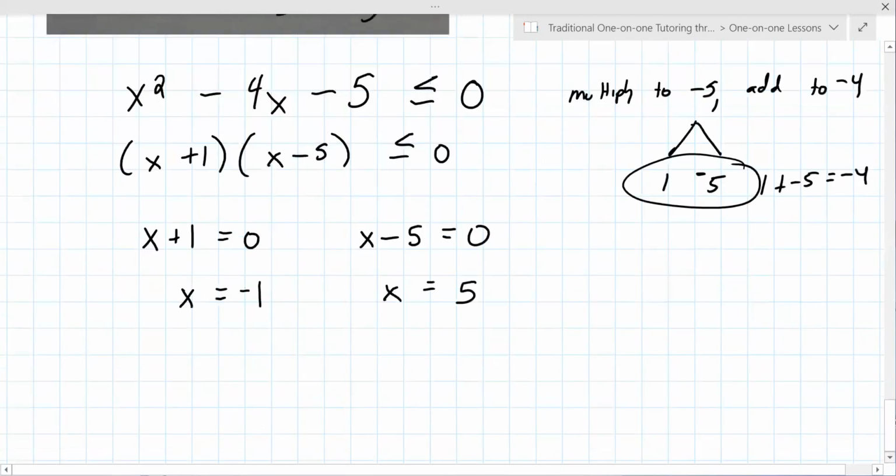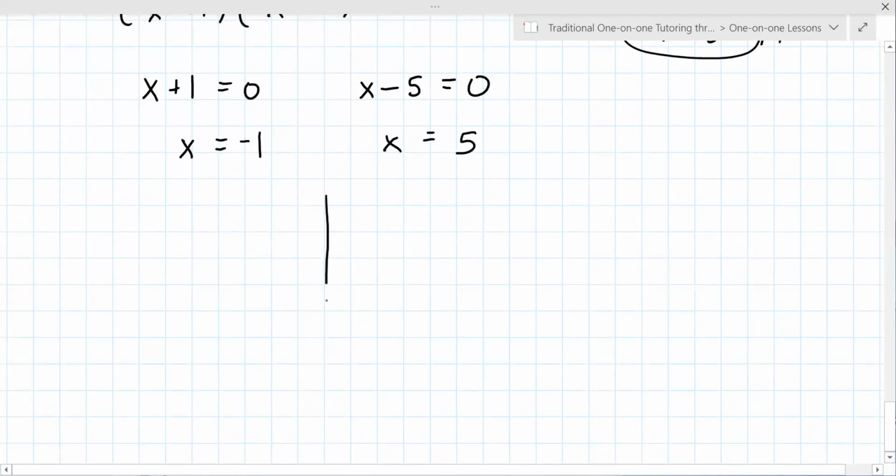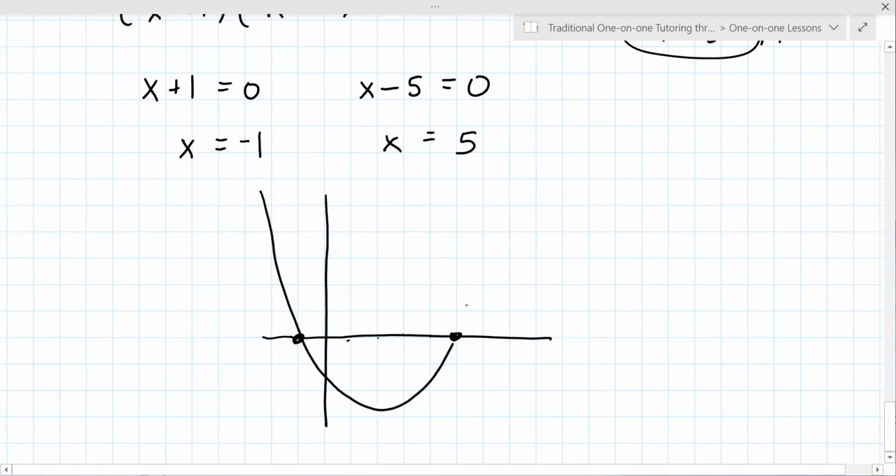So again, the graph of this, which is pretty important, has a point at -1 and a point at 5, and the graph looks something like this. -1 and 5. Yeah.